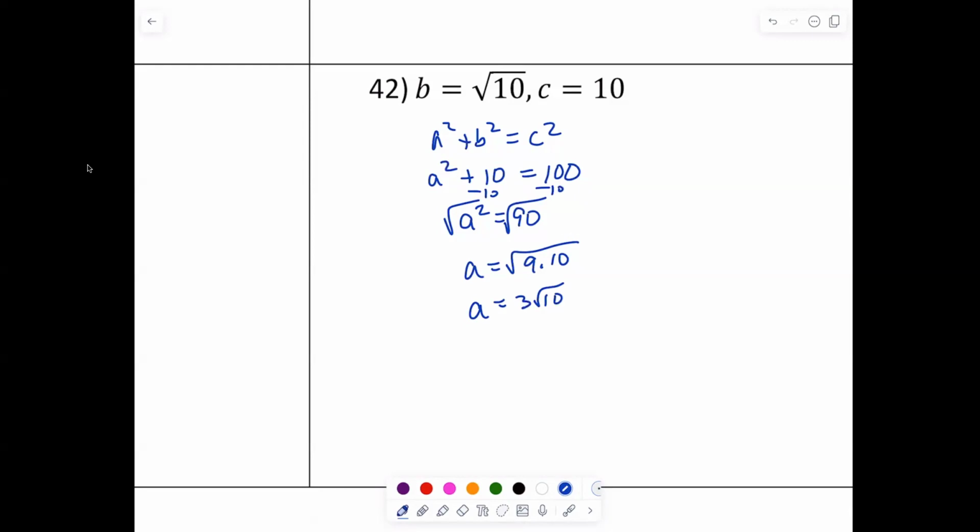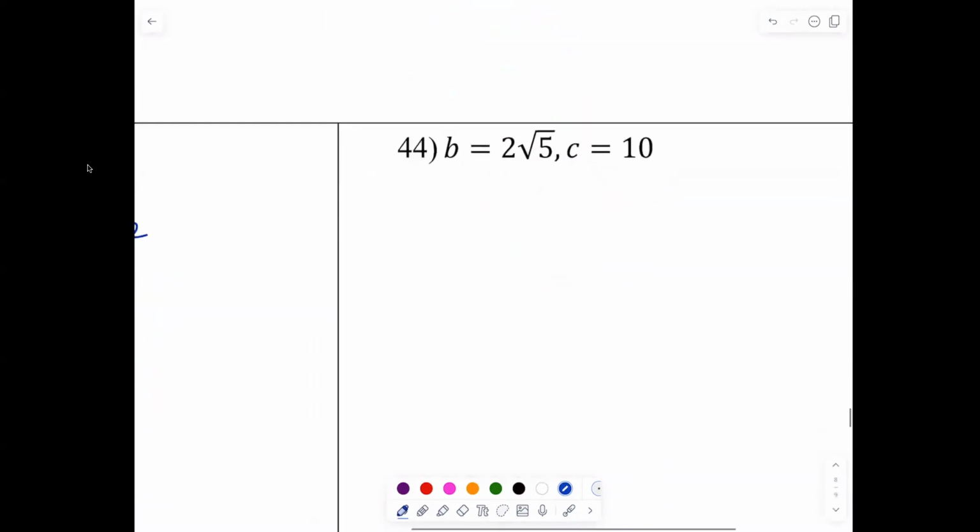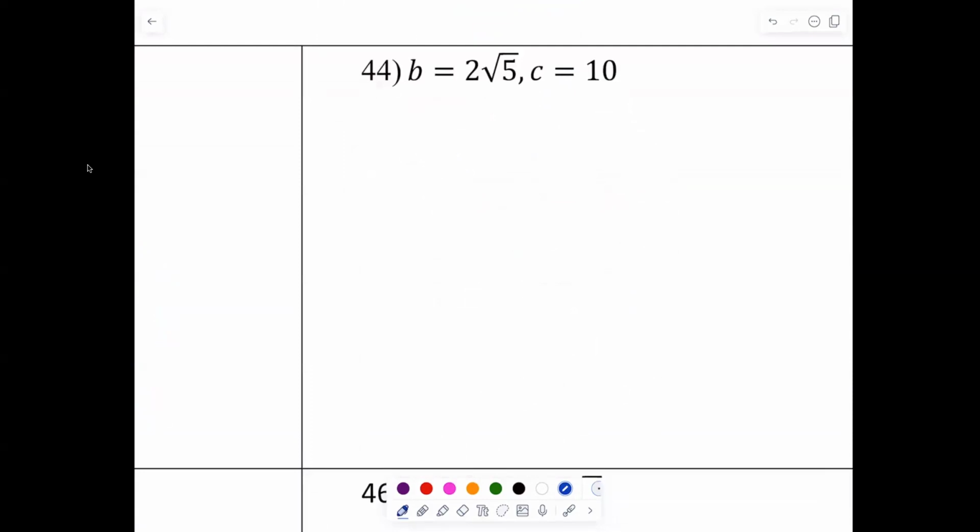You sure? All right, here we go. Try the next one then. A squared plus B squared equals C squared. A squared plus 2 radical 5 squared equals 10 squared. What's 2 squared? Square root of 5 squared.